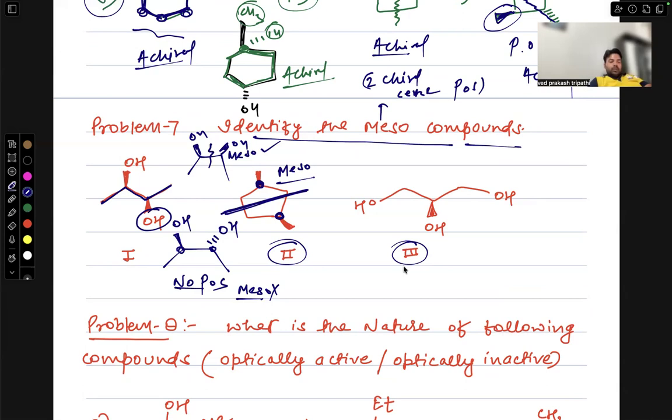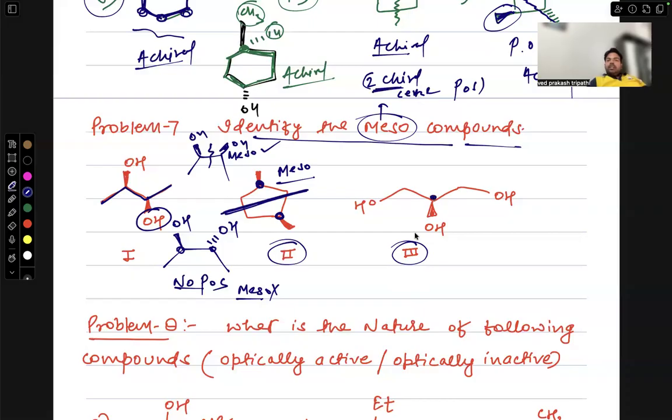This is a very good example. How many chiral centers do you think are here? Tell me honestly, how many chiral centers? And I told you the condition, at least 2 chiral centers.